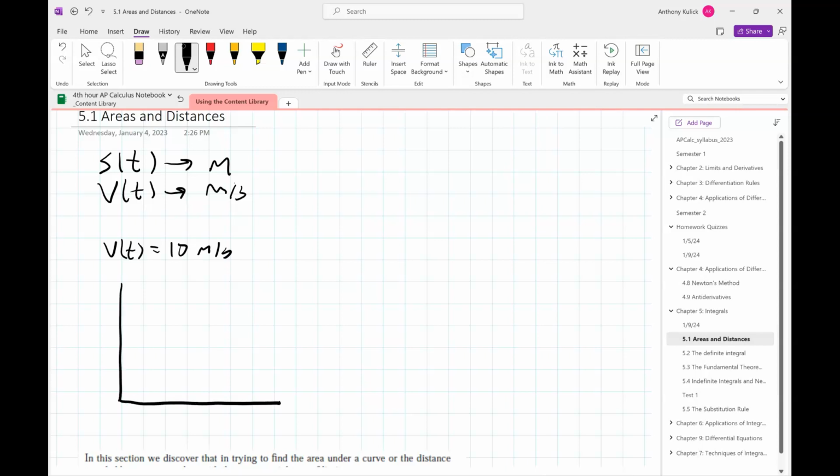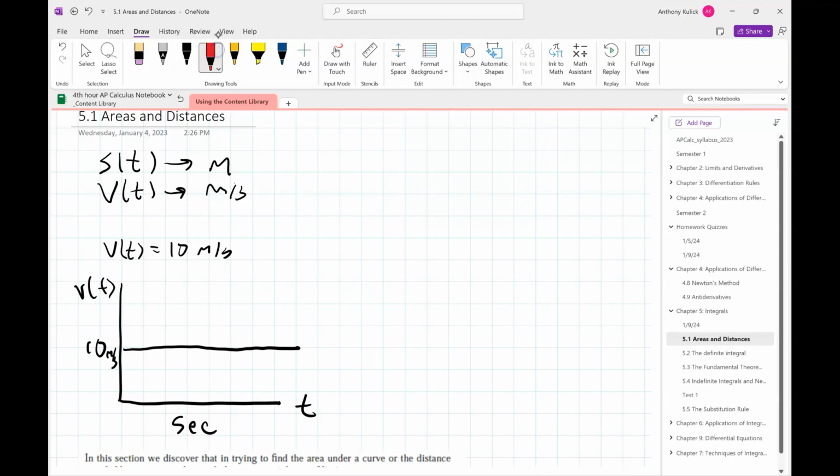If I draw a graph of this, we have a v of t axis, and here at 10 meters per second, it's just a straight line, right?